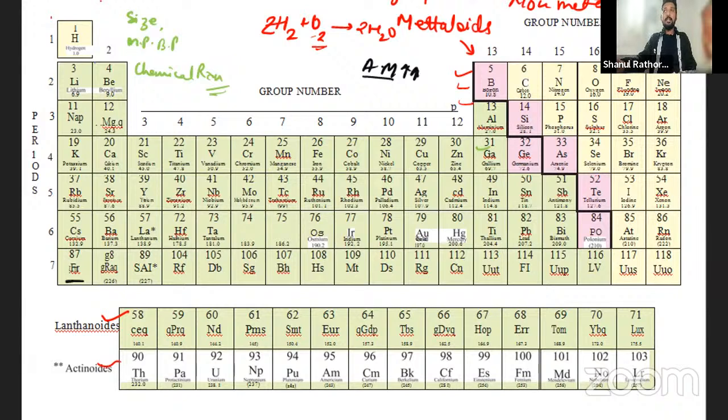After a few years, the prediction was confirmed when scientists discovered a new element and named it gallium, which is placed after aluminium. Okay, so as you can see here, the aluminium is present in the 13th group, and the gallium is just down below it in this 13th group.